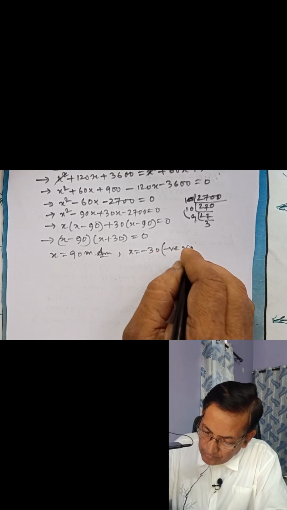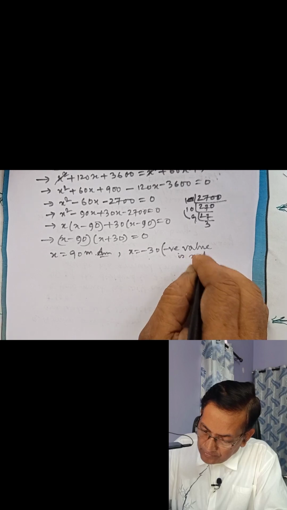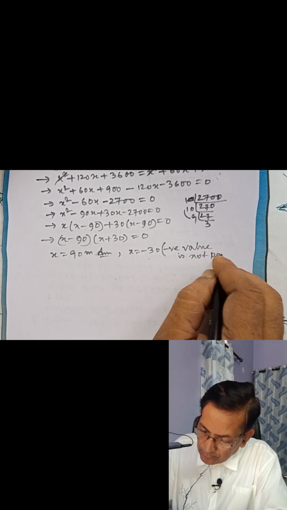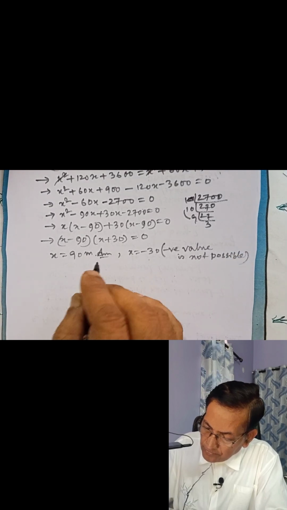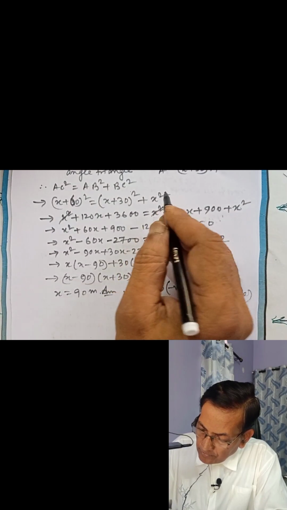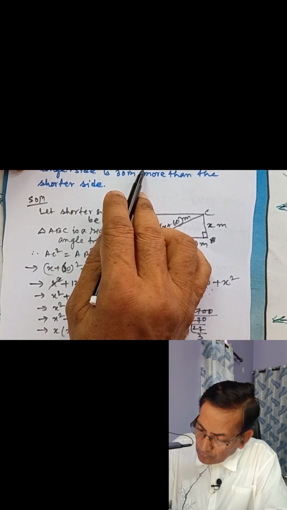Negative value is not possible. So we have to find the sides of the field.